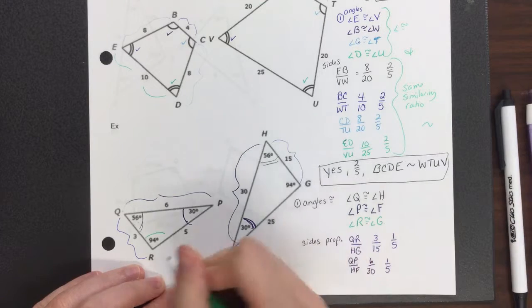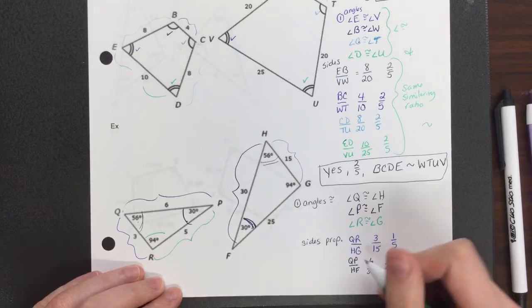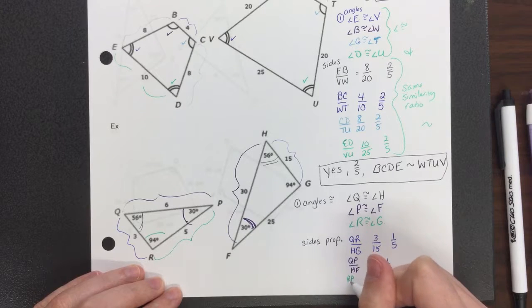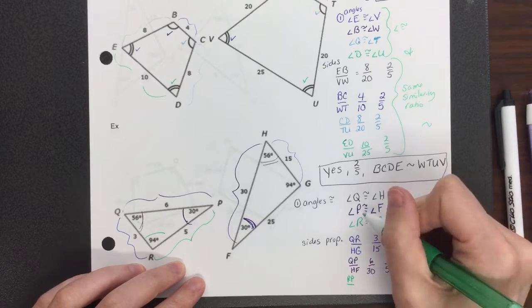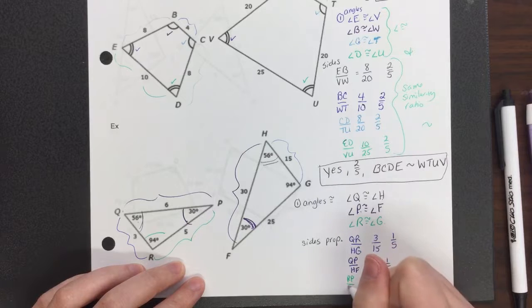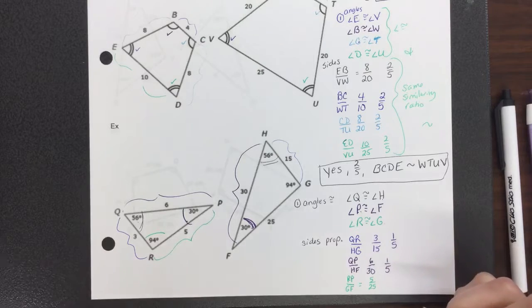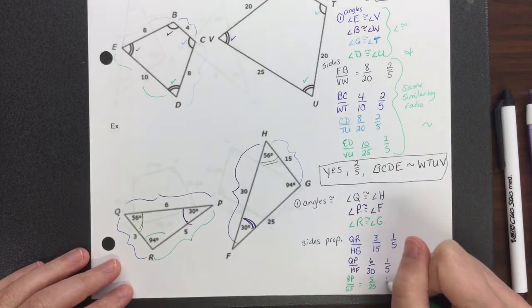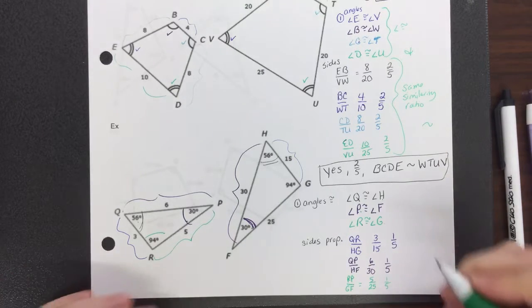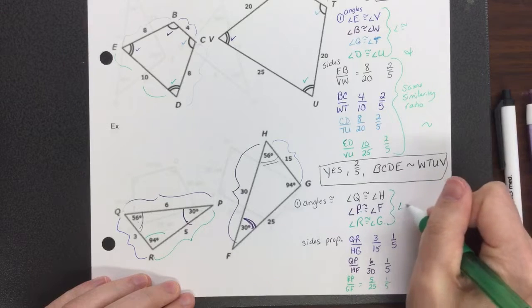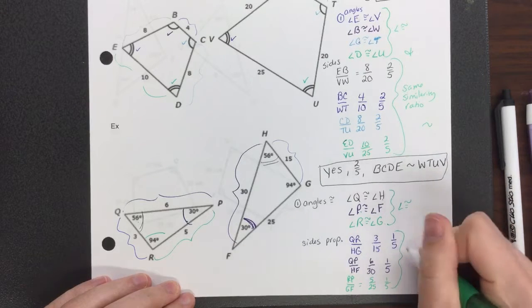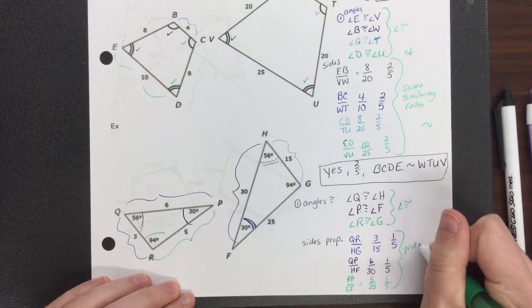And then last side, we've got RP over GF. RP is going to match up with GF. RP has a value of 5 over 25, and 5 over 25 will simplify down to 1/5. So the angles are all congruent, the sides are all proportional.